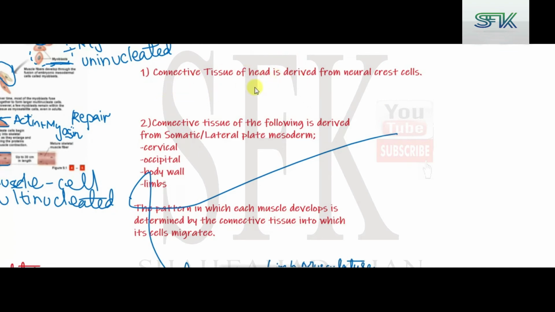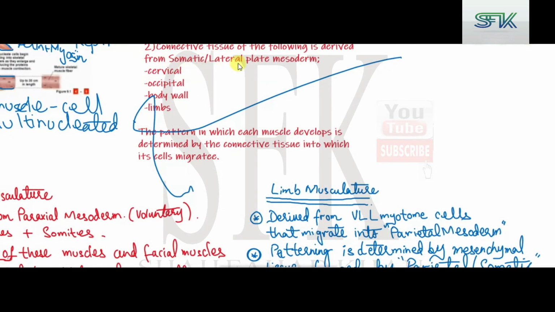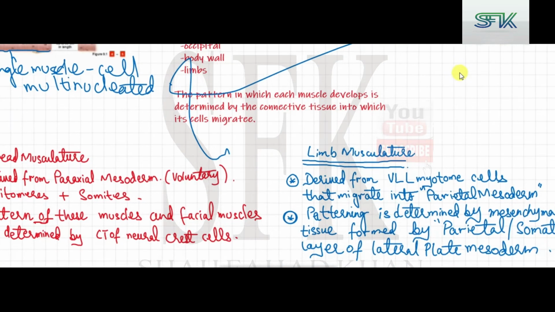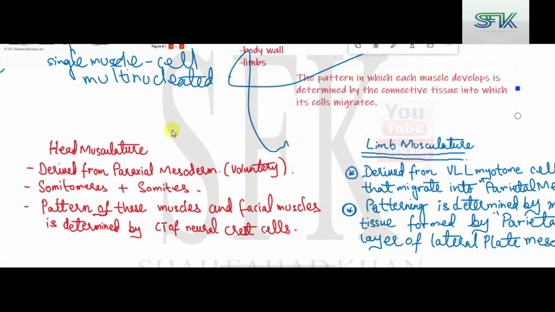Connective tissue of these are derived from the lateral plate mesoderm, and the pattern in which each muscle develops is determined by the connective tissue into which each cell migrates. We've talked about this line as well.